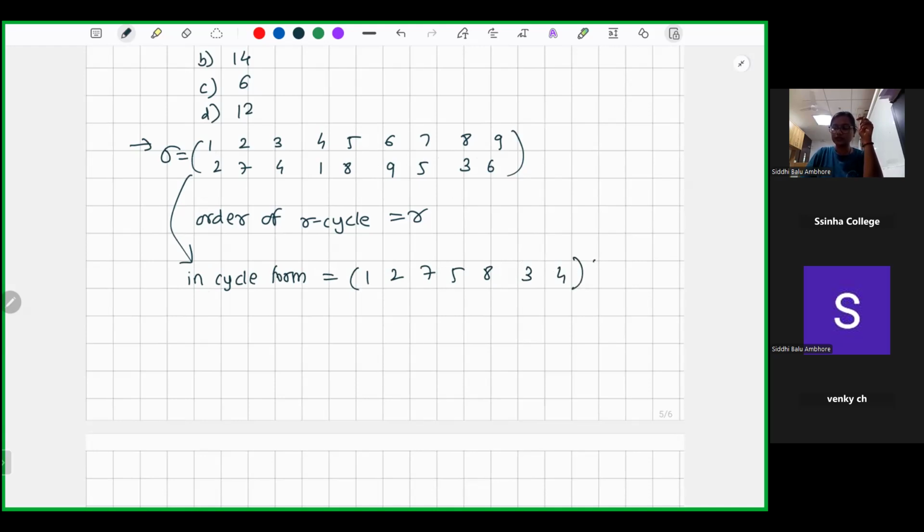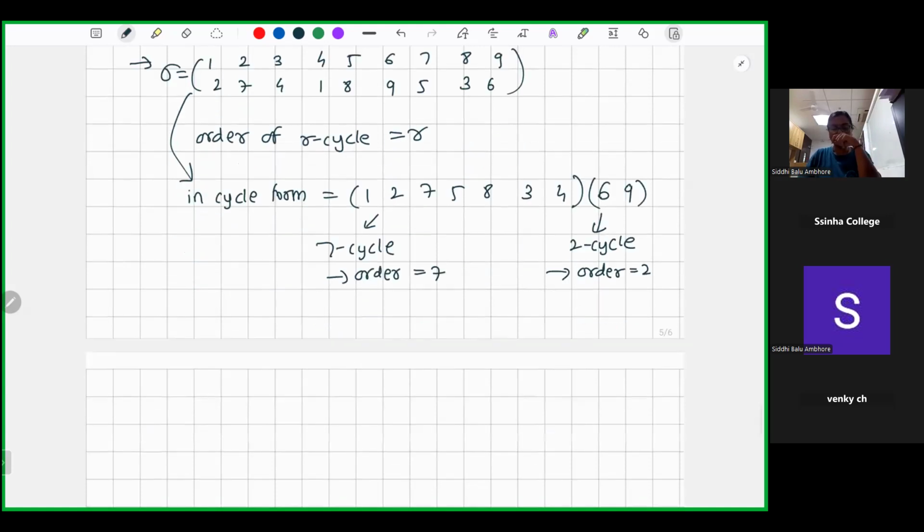So this is closed here. And now 1, 2, 3, 4, 5, 7 are used, so now 6 and 9 remain. So 6 goes to 9. Okay, and here this is a 7-cycle, so the order here is 7, and this is a 2-cycle, so the order here is 2, right?